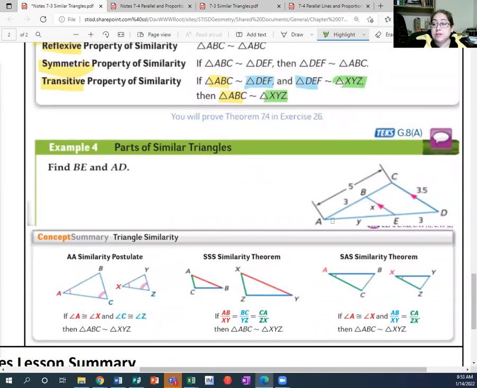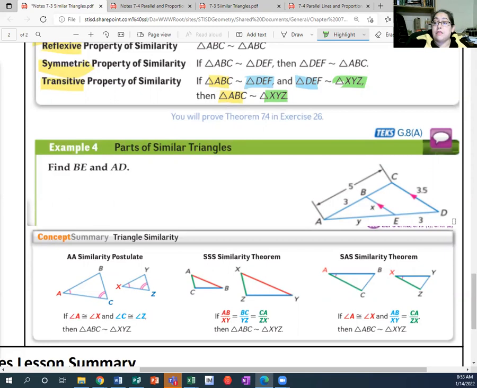All right, so as we look at this, let's identify our similar triangles. I see that this corner A is being shared by the small triangle, triangle ABE, and it's being shared with the bigger triangle, triangle ACD, which means A is congruent to itself. That's reflexive property.